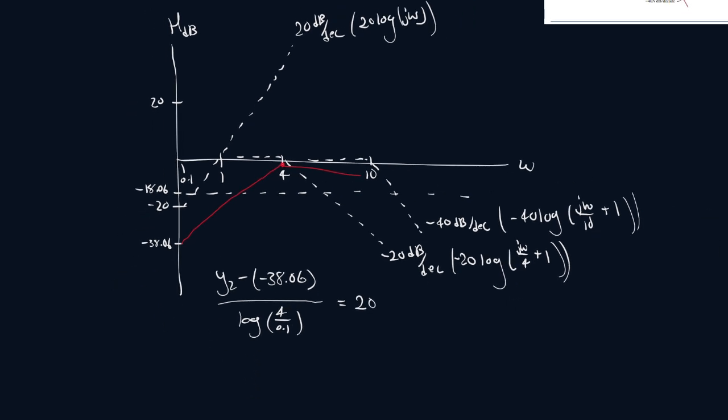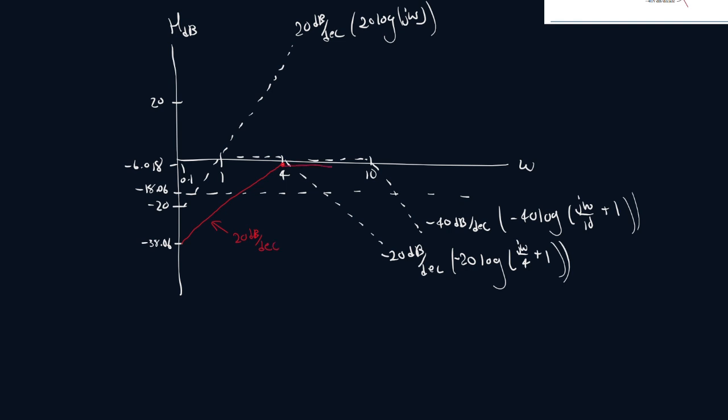So let me solve for y2, and I get minus 6.018. There we go. And this has a slope of 20 decibels per decade.